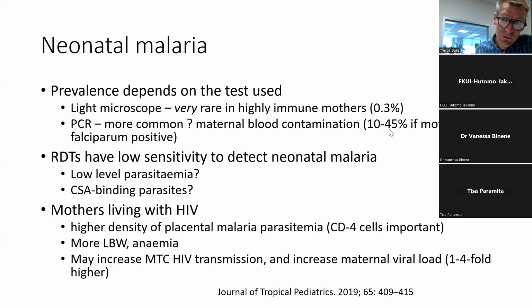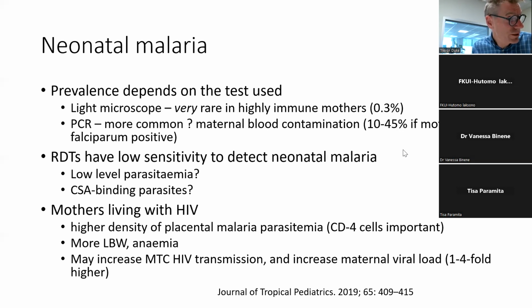And probably that reflects that PCR is a bit more sensitive than the light microscope, but it also reflects that sometimes there'll be maternal blood contamination. So the transmission of malaria from an infected mother to the baby is still quite rare, I think.